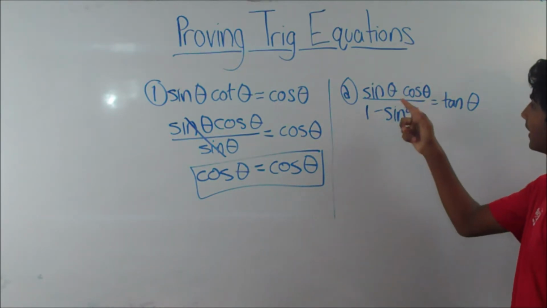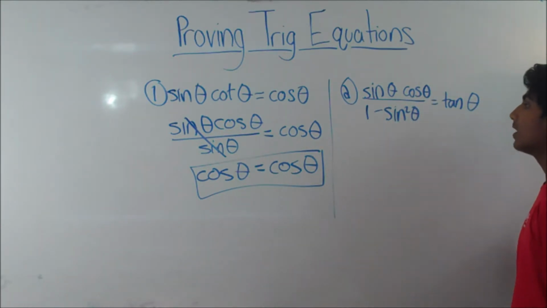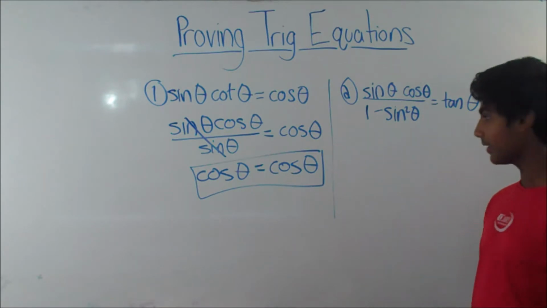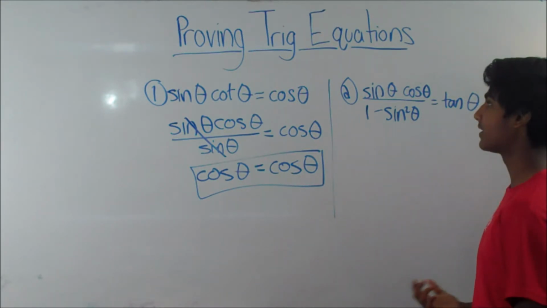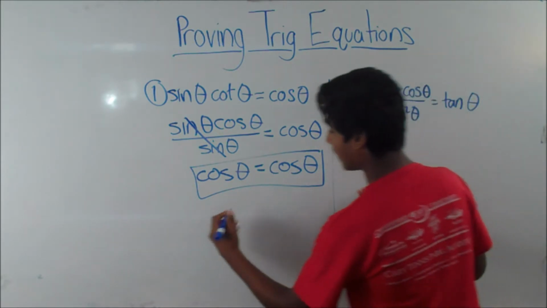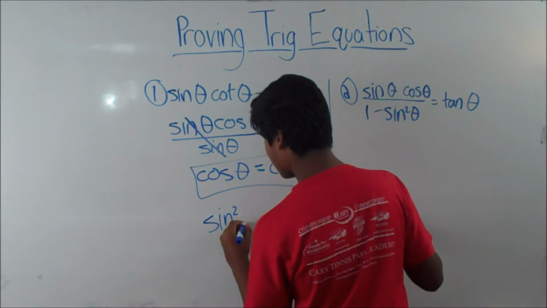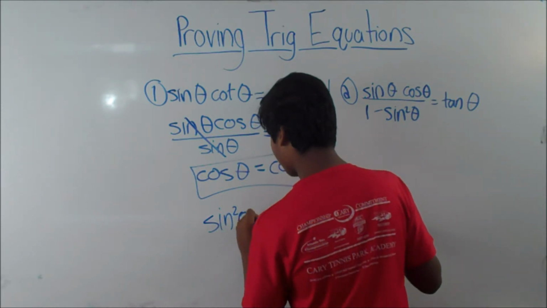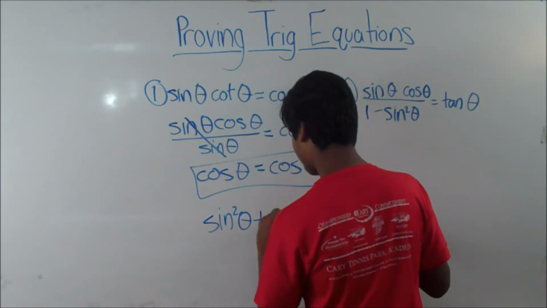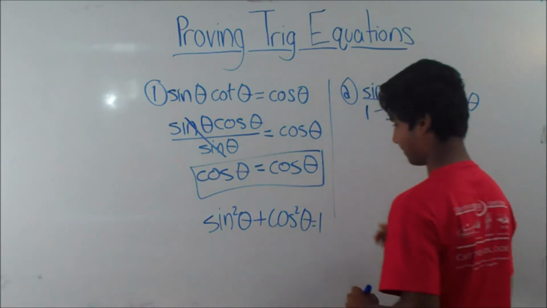So let's move on from here. Sine theta multiplied by cosine of theta over 1 minus sine squared theta. Well, there is a theorem, and this is the basis of proving trig equations. I'm just going to write it here: sine squared theta plus cosine squared theta is equal to 1.